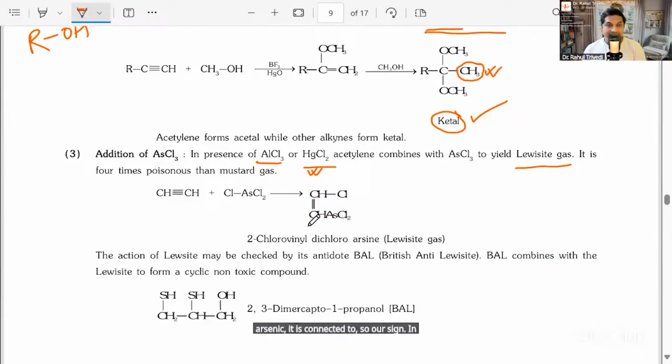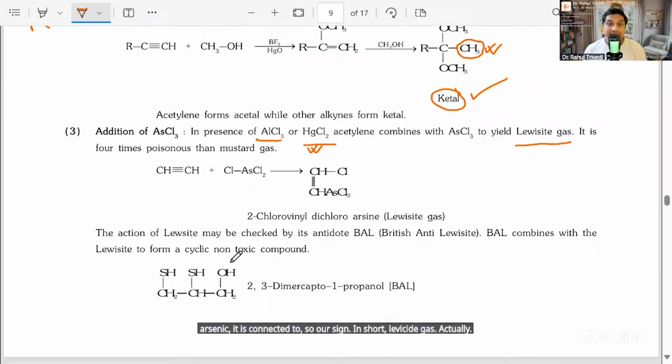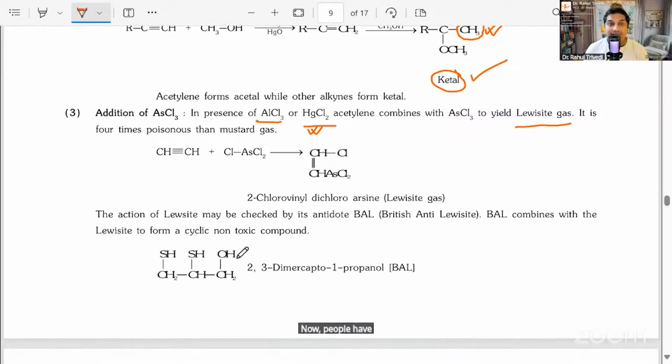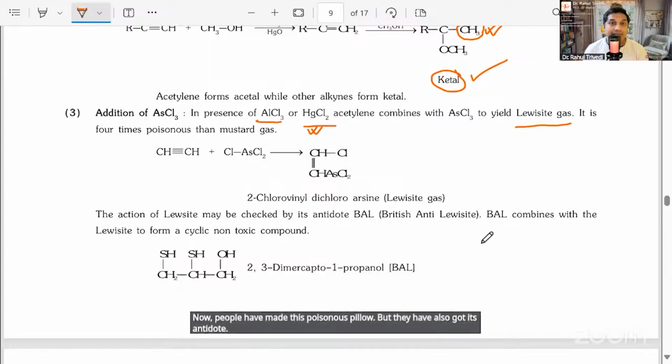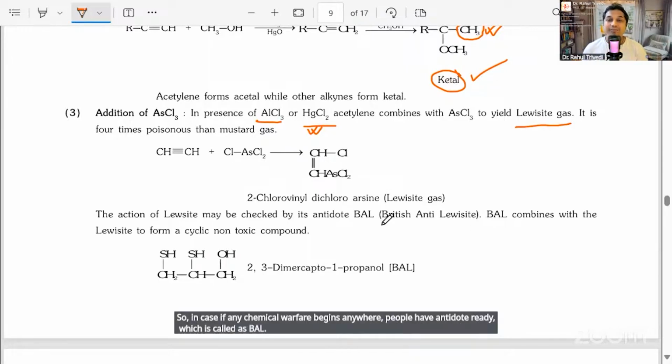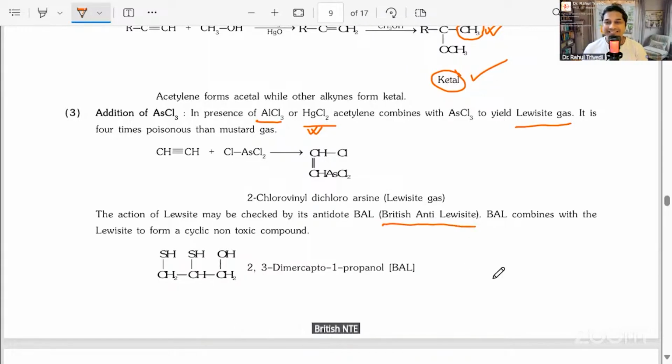In short, lewisite gas. Action of lewisite may be checked by its antidote. Now, people have made this poisonous fellow, but they have also got its antidote. So, in case any chemical warfare begins anywhere, people have antidote ready, which is called BAL, British anti-lewisite. They have made it actually, British fellows.